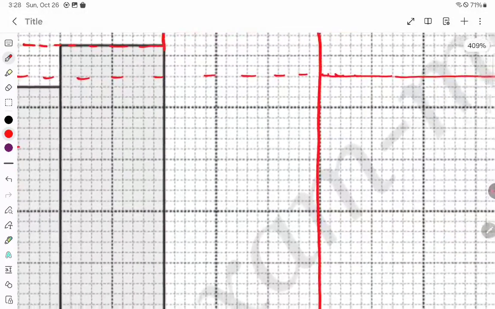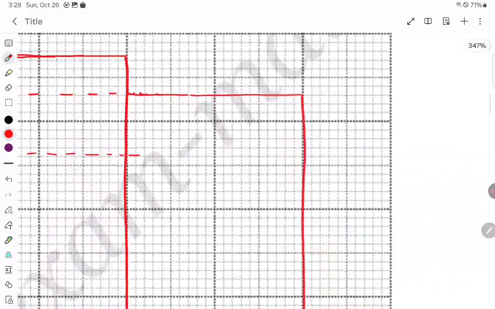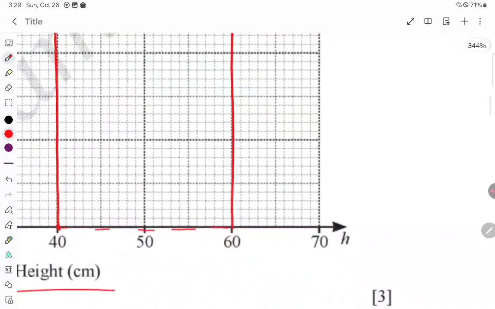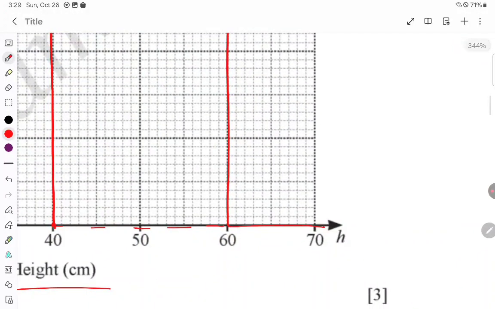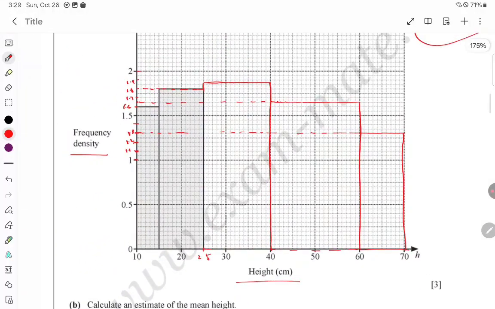So this is our 1.3. Extend the line. So this is for our 60 to 70 range. So we complete our histogram of height and frequency density graph.